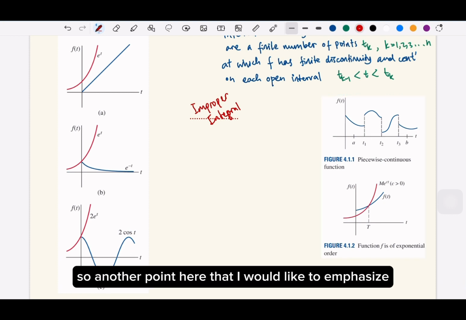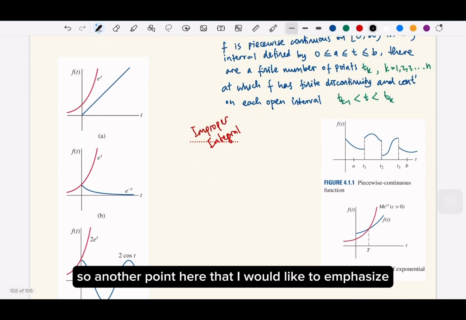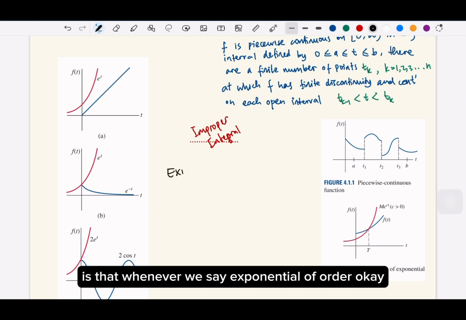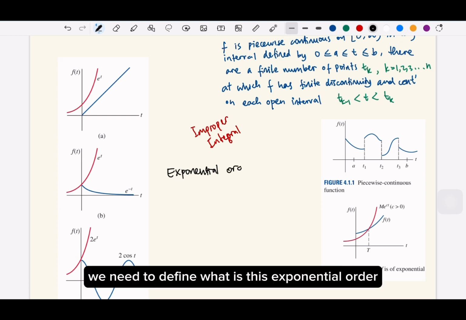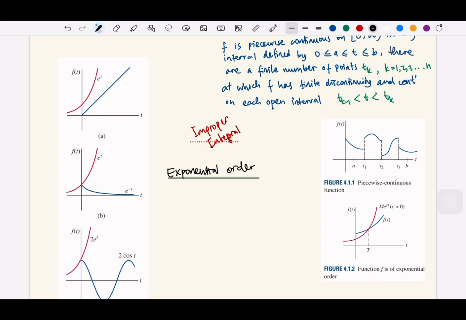So another point here that I would like to emphasize is that whenever we say exponential order, we need to define what this exponential order is. Okay.